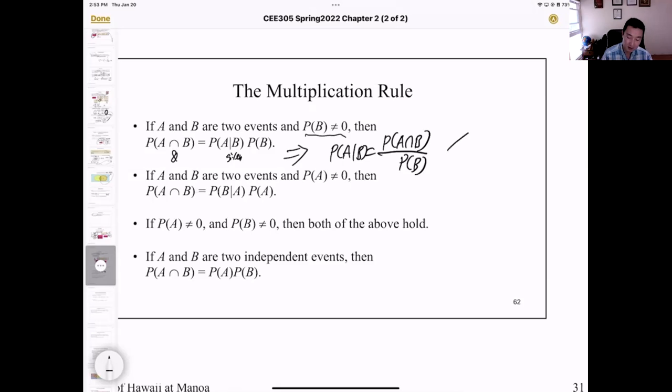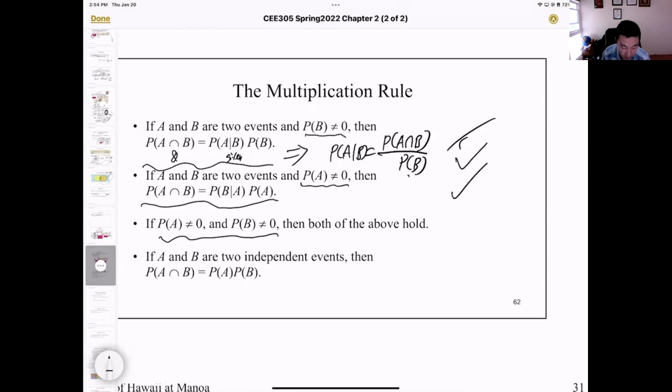This is what we just discussed several slides before. If we move P(B) from the bottom to the left side, it becomes this equation, so it tells us the same thing. And similarly, if P(A) is not equal to 0, this one also holds true. If P(A) and P(B) are both not equal to 0, then both of these 2 equations above hold true.